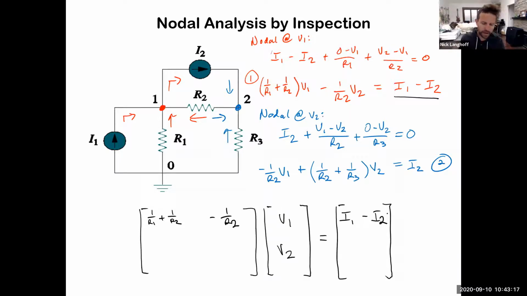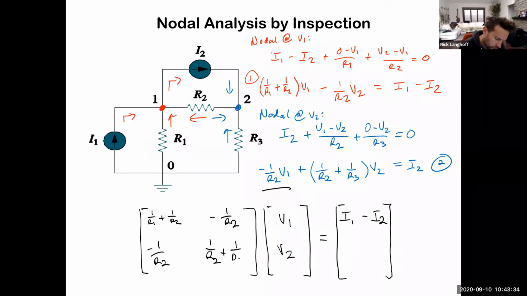Let's take a look at the second equation. So the second equation, we've got a minus 1 over R2 here, and then a 1 over R2 plus 1 over R3 term here. And all of that is equal to I2.